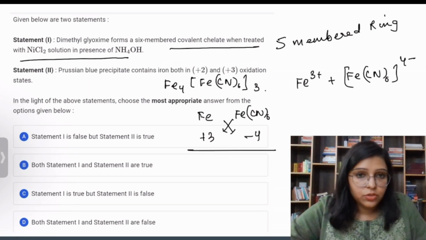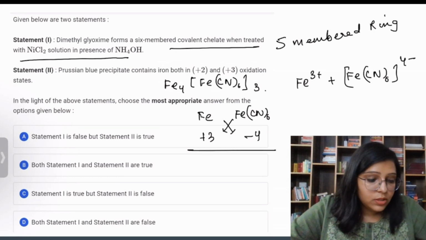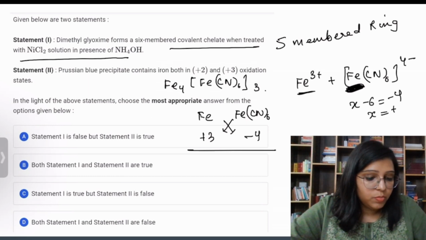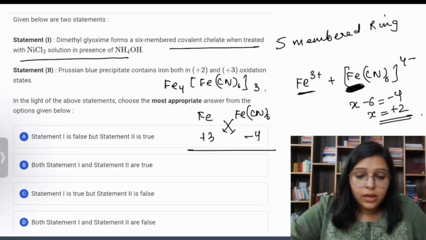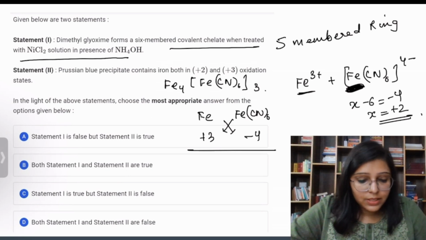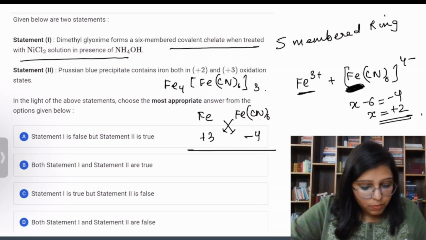On cross multiplication we get this complex. If I want to find out the oxidation state of this iron, x minus 6 is equal to -4, so x is equal to +2. So statement 1 is false, but statement 2 is true.